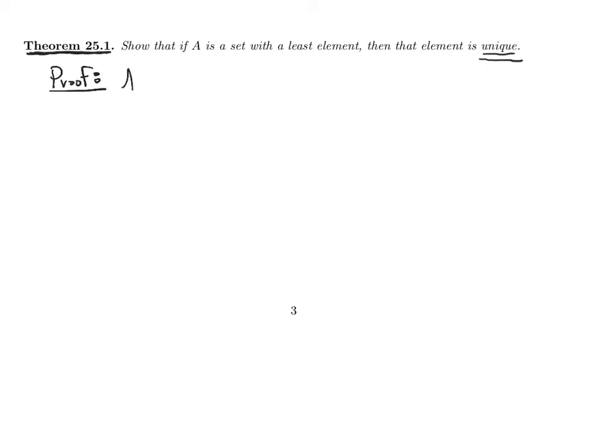We're going to assume that M1 and M2 are least elements. Well, in fact, let's be specific, not necessarily unique. So they could be unique, but they don't have to be.